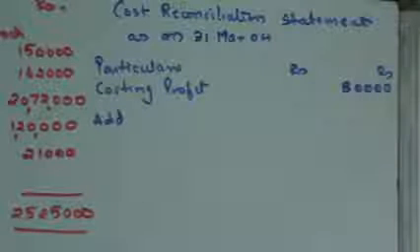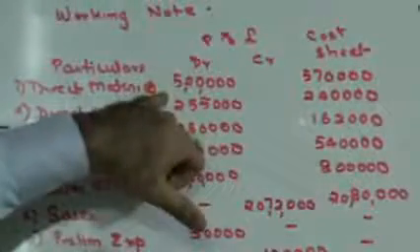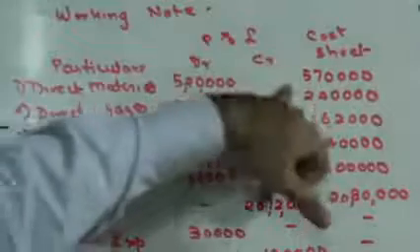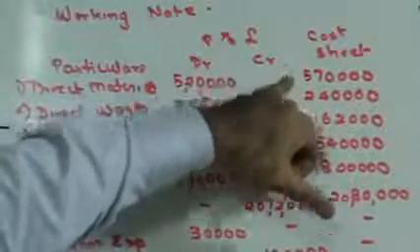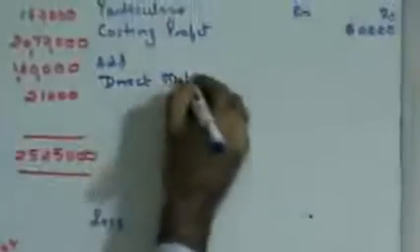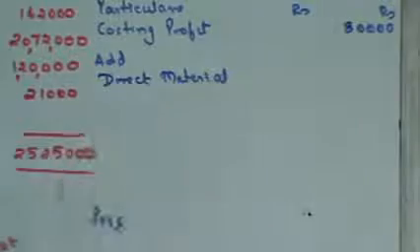Can we see working note? Now, in working note, let's look at direct material. Direct material is 5,70,000 in the cost sheet and 5,20,000 in P&L. It is more in cost sheet. More is more, less is less. Since it is more in the cost sheet, you will record this amount in add column, direct material. Right? 50,000.